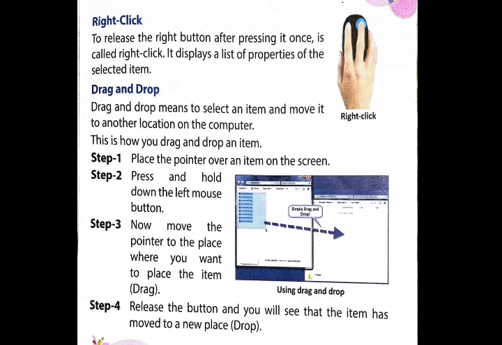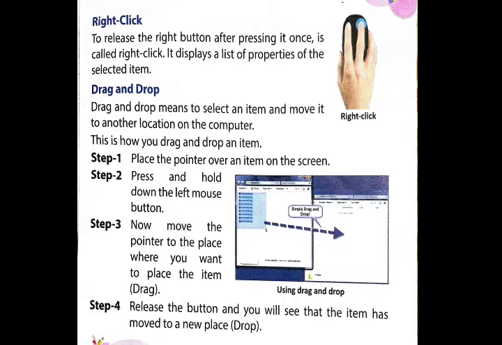To release the right button after pressing it once is called right click. It displays a list of properties of the selected item. If you want a list of properties of the selected item, then you have to press the right button once and release it. It is called right click.